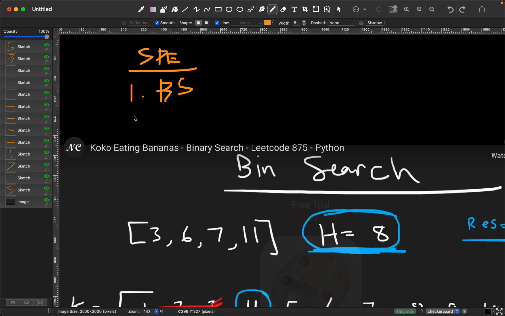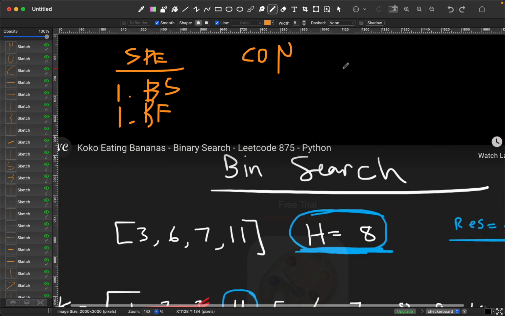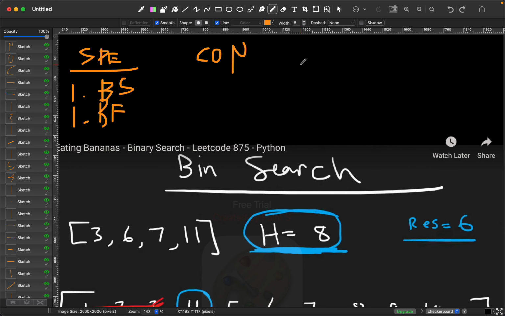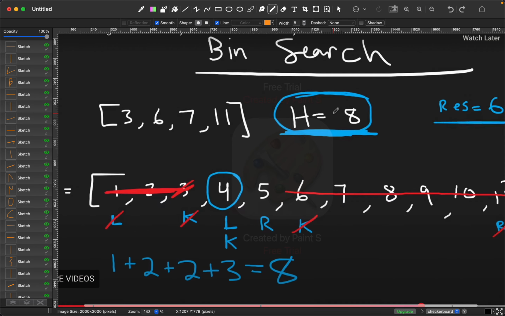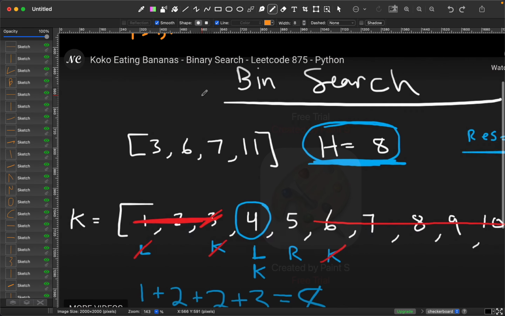Binary search and definitely brute force. The condition set. So if we look at the question specifically, you basically see Koko eating bananas.